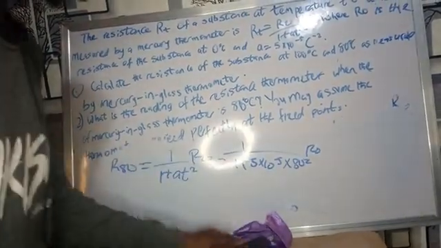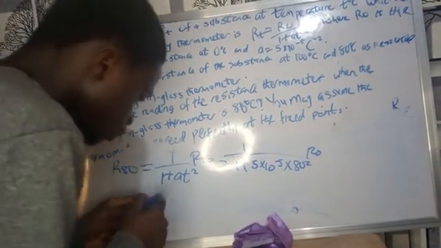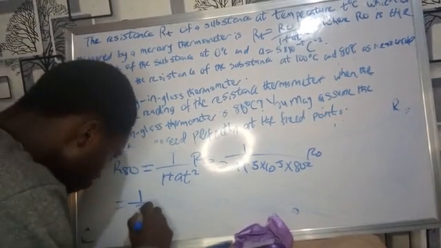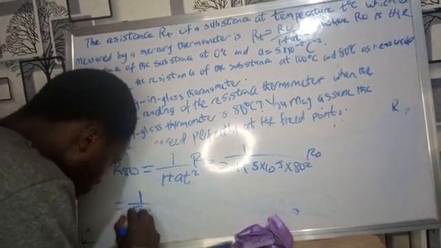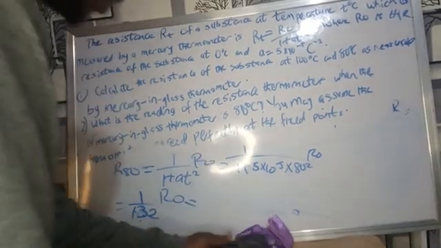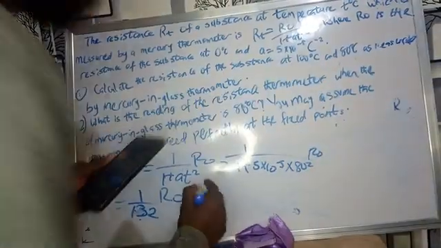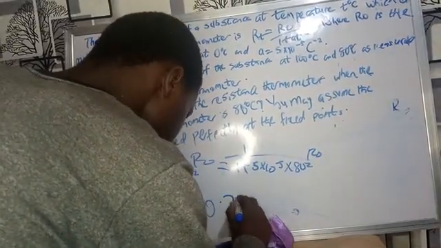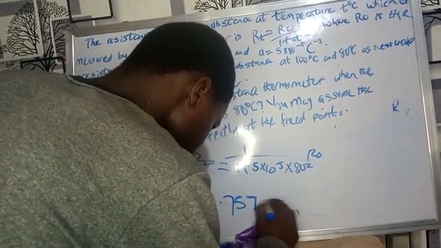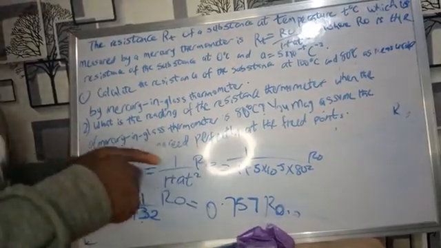It's going to be equal to 1 over 1.32 R0. So taking the inverse of our answer, we have 0.757 R0. Now from here we have our answer.